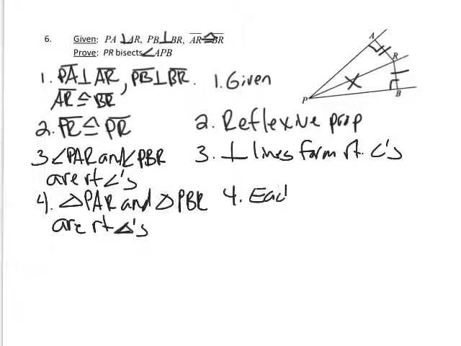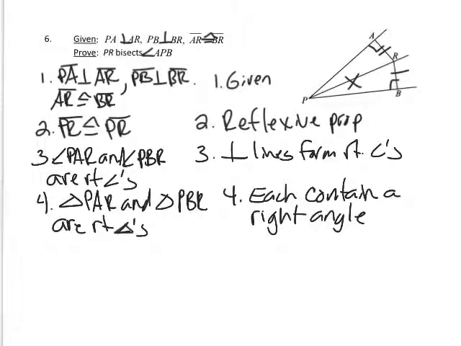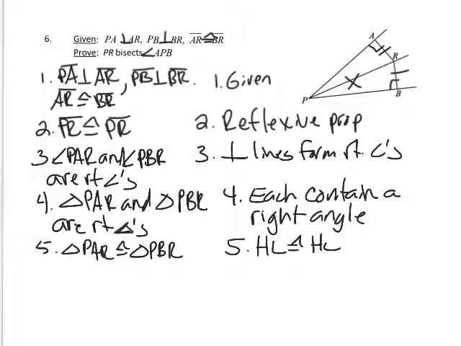Each contain a right angle. That's enough to say that they're congruent. Triangle PAR is congruent to triangle PBR. Hypotenuse leg is congruent to hypotenuse leg.